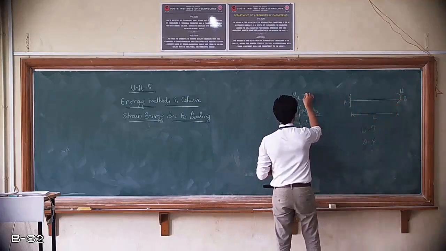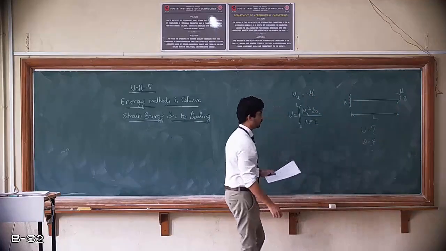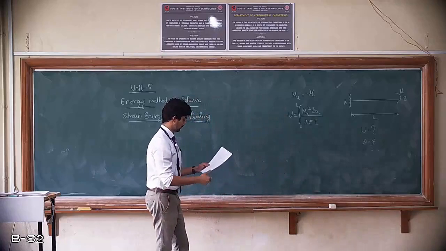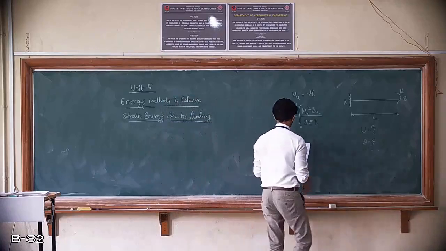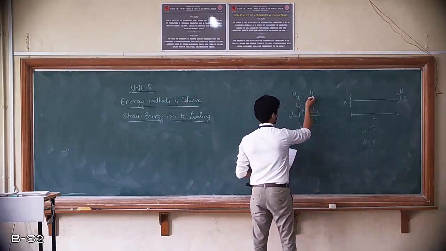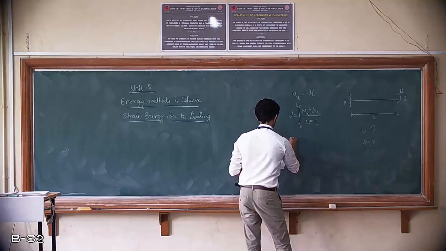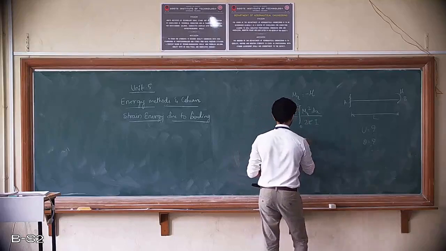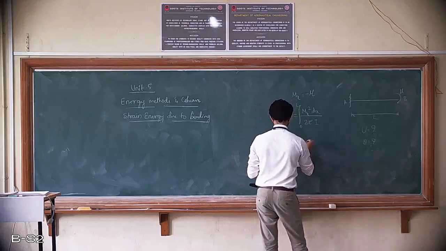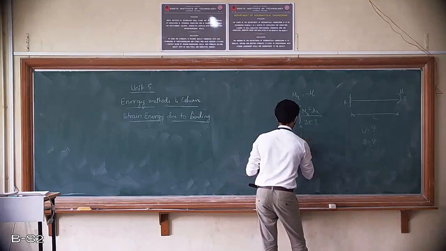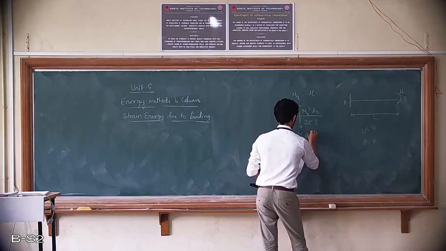So the moment is going to be negative of that, mu. Even if I consider positive, it doesn't matter, because it is Mx square. So the equation U will be mu square dx divided by 2EI.